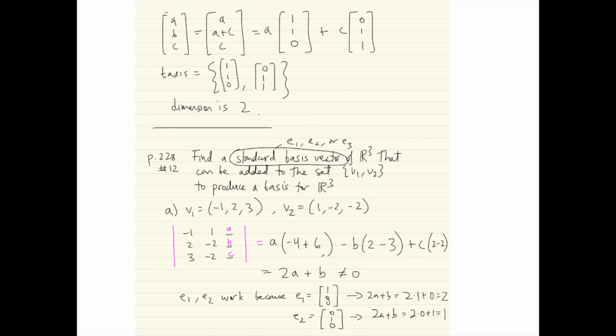And it turns out that E1 and E2 will work, because when you have E1 as A, B, C, so A is 1, B is 0, C is 0, 2A plus B turns out to be 2, which is non-zero. Similarly for E2, you get a non-zero entry. Now if you chose E3, that would not work, because that would give this thing being a 0. So the answers are E1 or E2 or both.